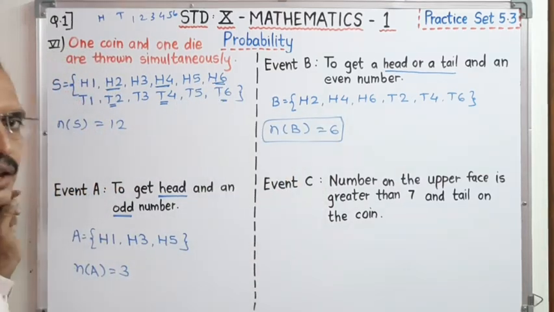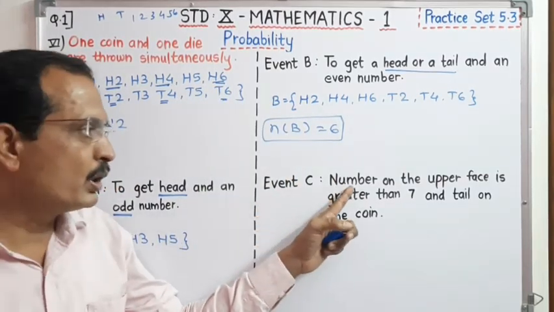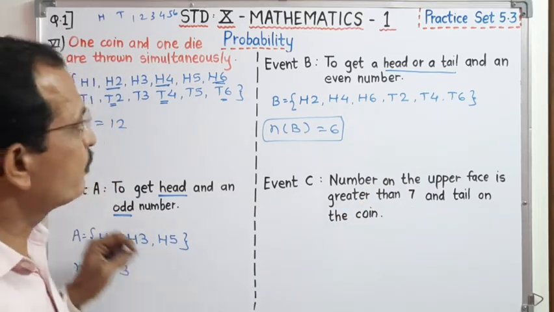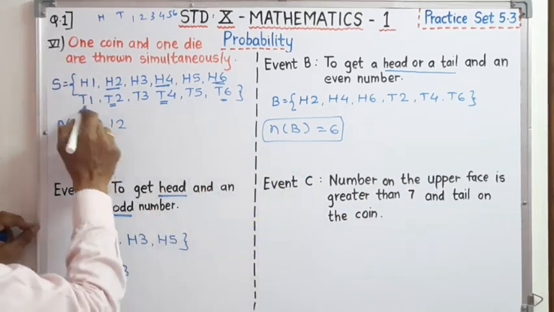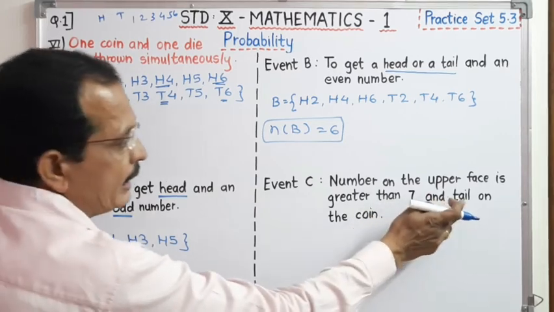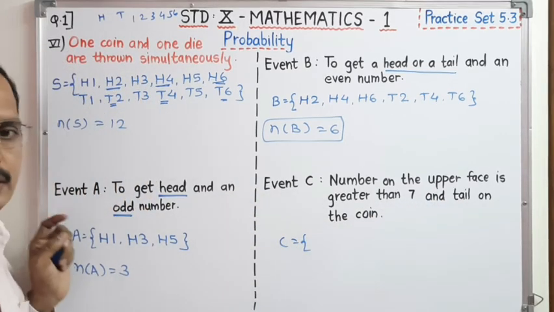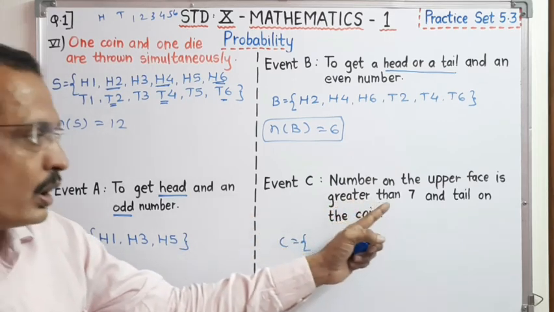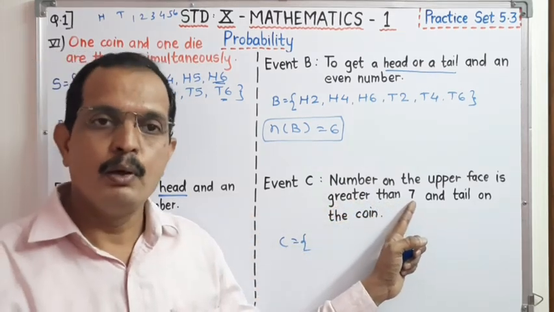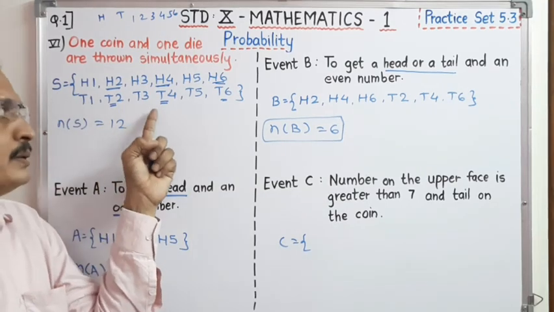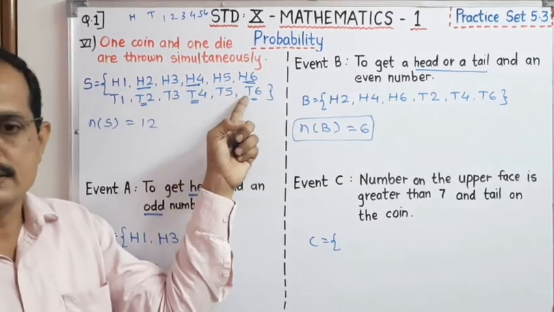Now event C is there. Number on upper face is greater than 7 and tail on the coin. Dear student, we want a number greater than 7, but in the sample space the maximum number is 6.